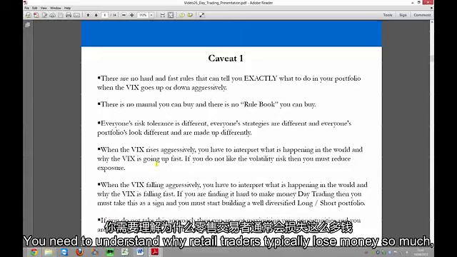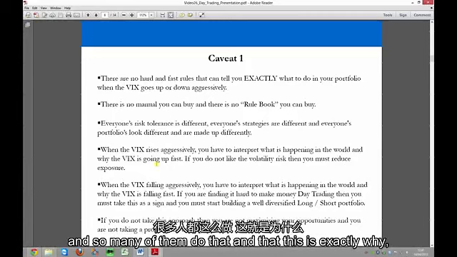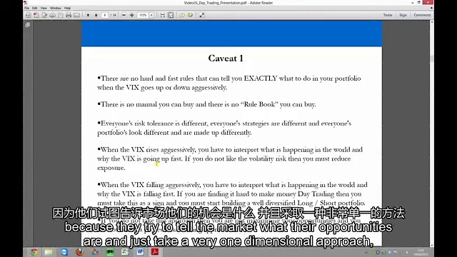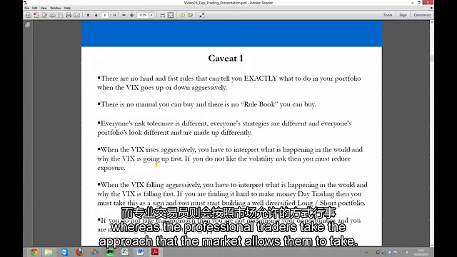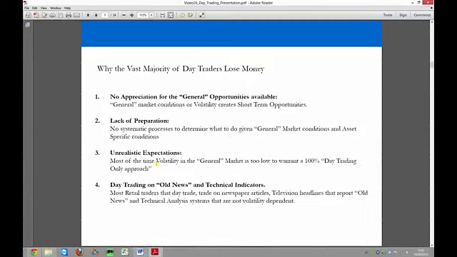You need to understand why retail traders typically lose money so much, and so many of them do that. And this is exactly why, because they try to tell the market what their opportunities are and just take a very one-dimensional approach, whereas the professional traders take the approach that the market allows them to take.